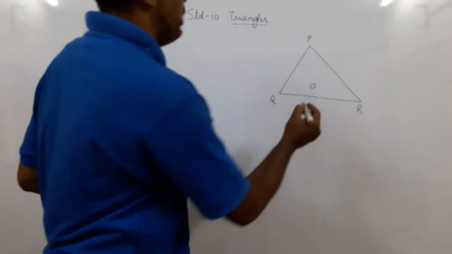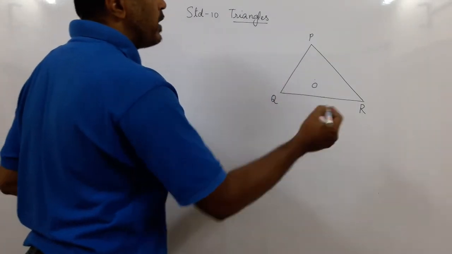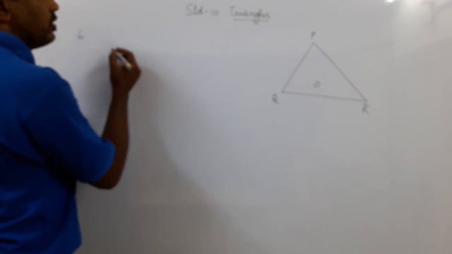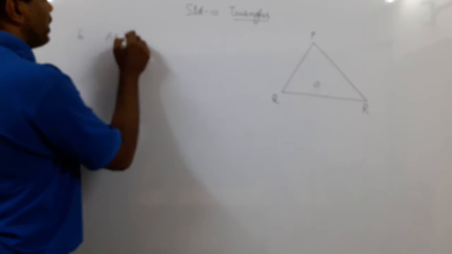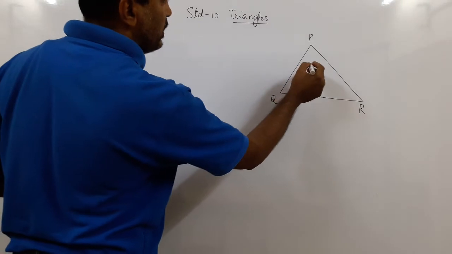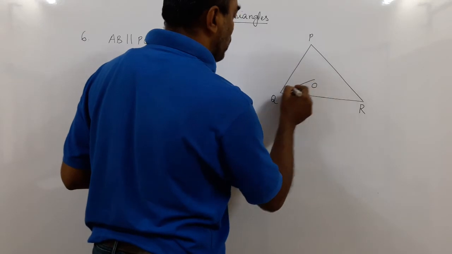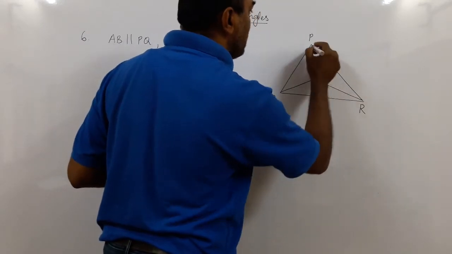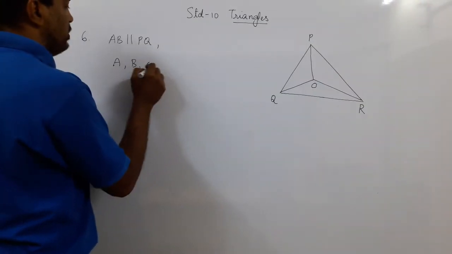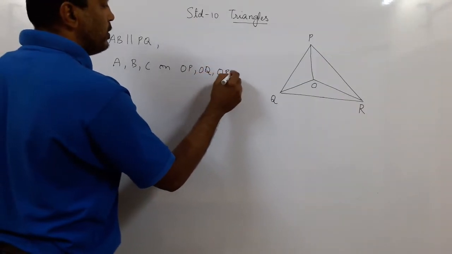Now it is given ABC. ABC are the points on OP, OQ and OR respectively, such that AB is parallel to PQ. So what have we got? Points ABC on OP, OQ and OR respectively.